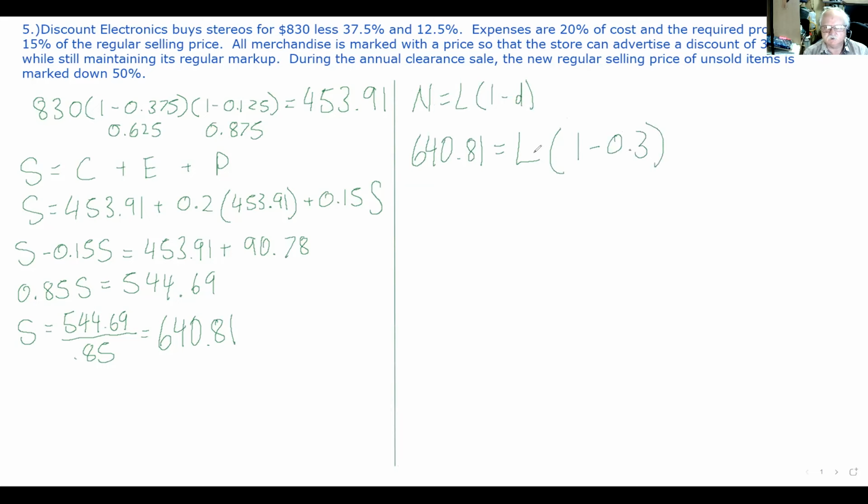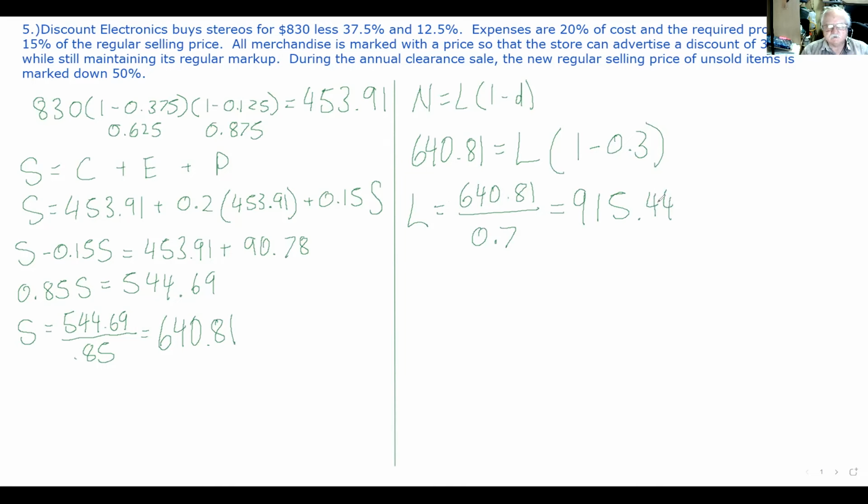So we can find the artificially inflated price, which is the list in this equation, as 640.81 divided by 0.7. So they're going to put a price tag of 915.44.